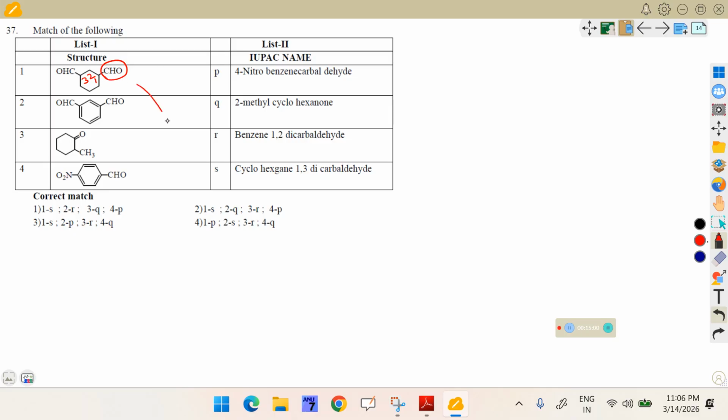So 1 matches with s, and of the options, check the next one. This is a cyclic ring, and the cyclic compound is benzene. At the first and second positions, aldehyde groups are present. So benzene 1,2-dicarbaldehyde matches 2 with r. So the correct option is the first option.